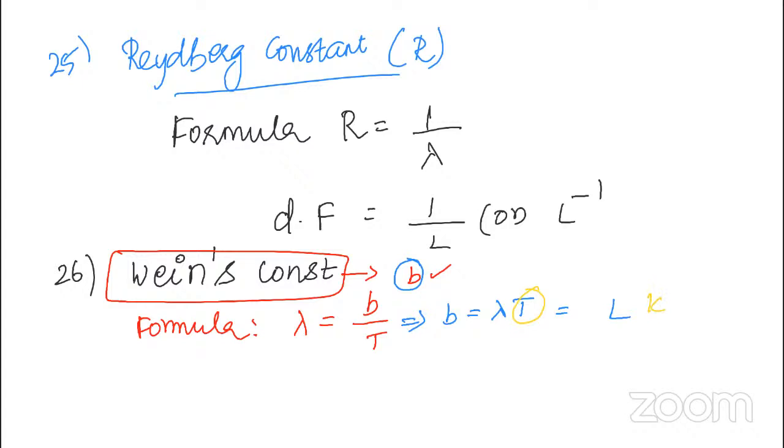So L into K is the dimensional formula for Wien's constant.